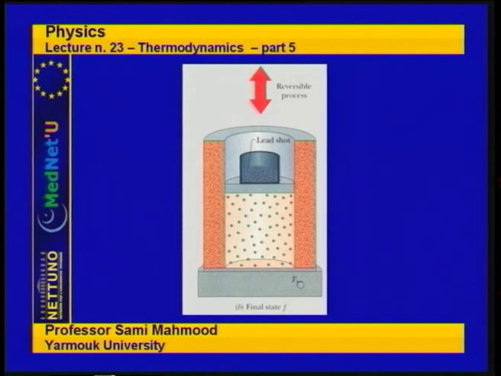And now what do we do? We fix the temperature, because through the free expansion of the gas, the temperature is constant. So we fix the temperature, and we start expanding the gas by removing lead shot piece by piece, and the gas keeps expanding until it reaches the final state, which has a bigger volume.